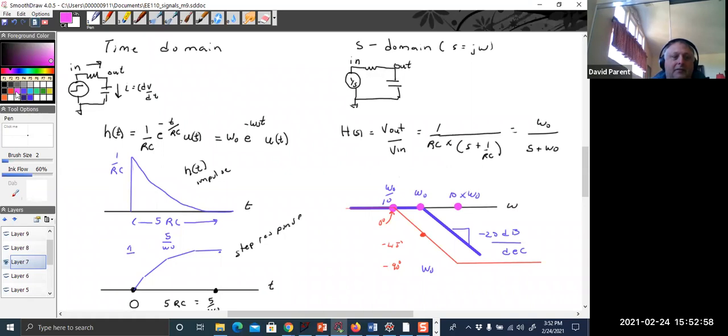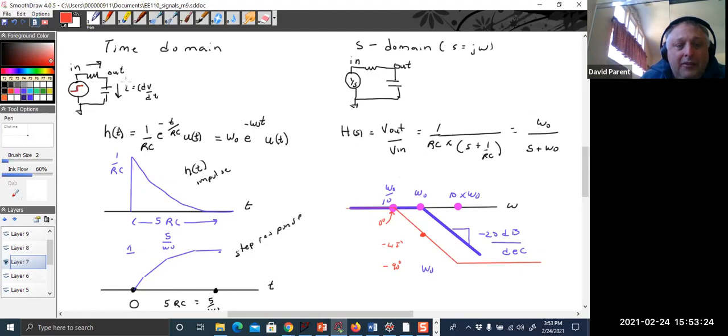Now this is kind of review by now, in that I've derived these several different ways, but now I'm going to try to tie it together a little bit. So this is an RC circuit, and it's in the time domain because you can see the step.